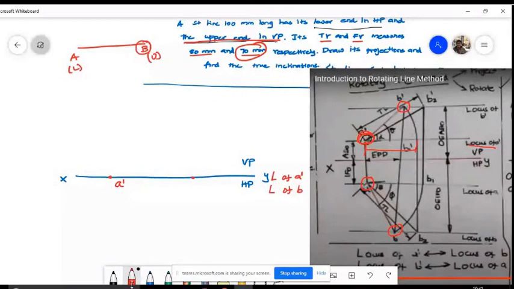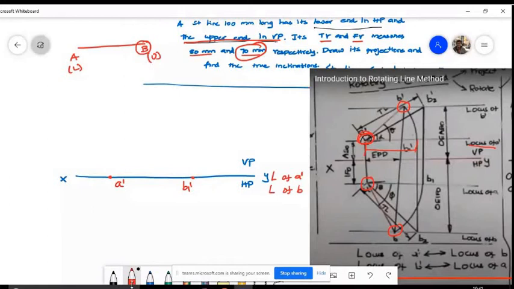So this will be my B1 dash. Am I right? Yes, sir. And after that, what do you do? After getting the front view length, you will rotate.